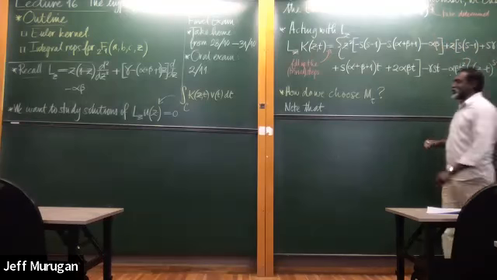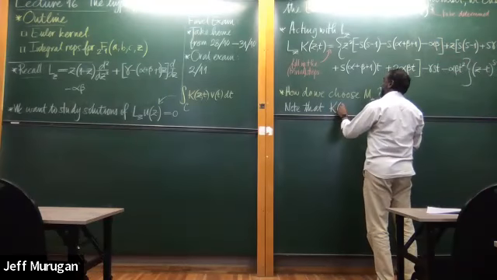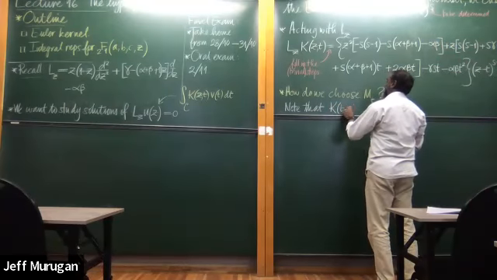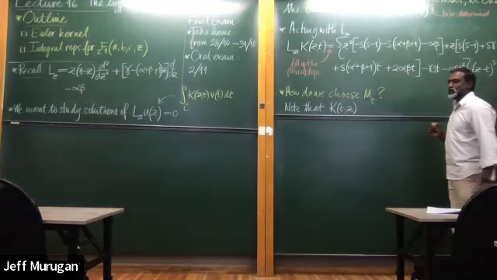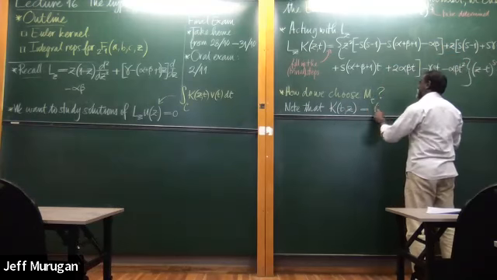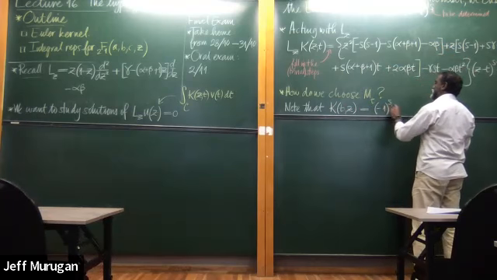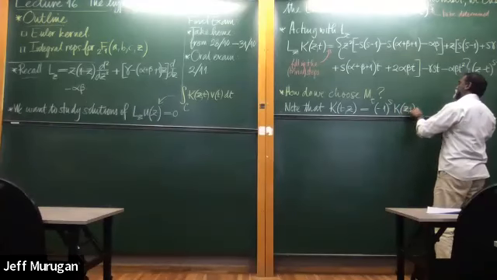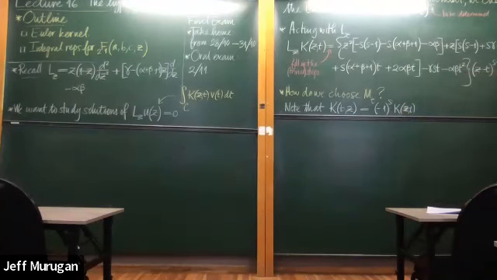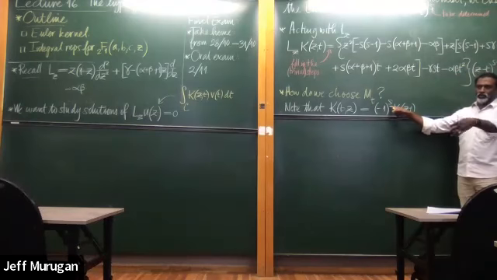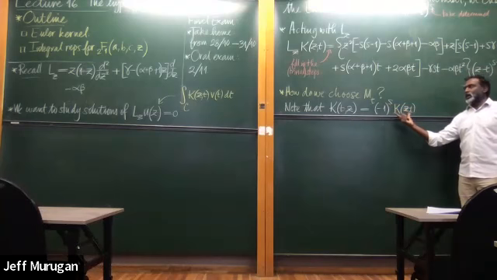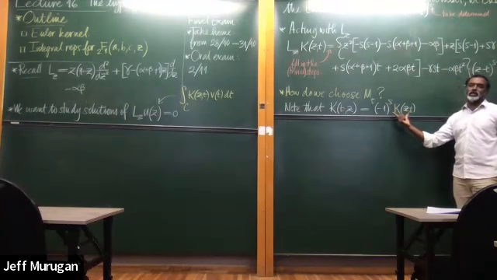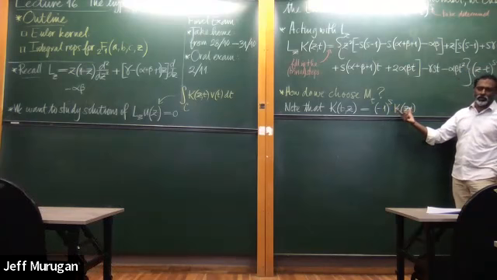Notice that K of T and Z, if I exchange T and Z, is nearly the same as K of Z and T, except for the factor of minus 1 to the S. So depending on what the S is, which again I have to constrain for the differential equation, this kernel is nearly symmetric, right? It has some solution, and this is the symmetry.